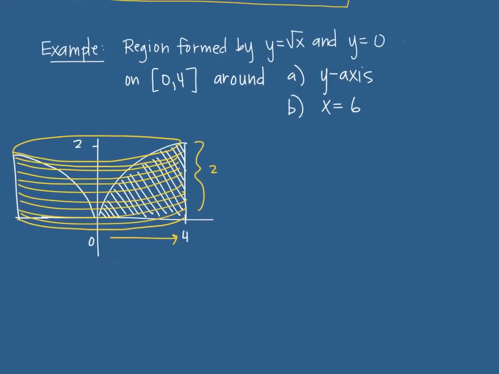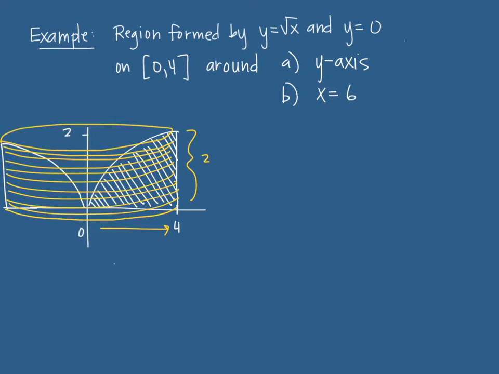The setup of this, if we're going to use shells, is 2 pi times the integral over the x bounds from 0 to 4. The radius is always the variable x minus the axis of rotation, so that's the absolute value of x minus 0.